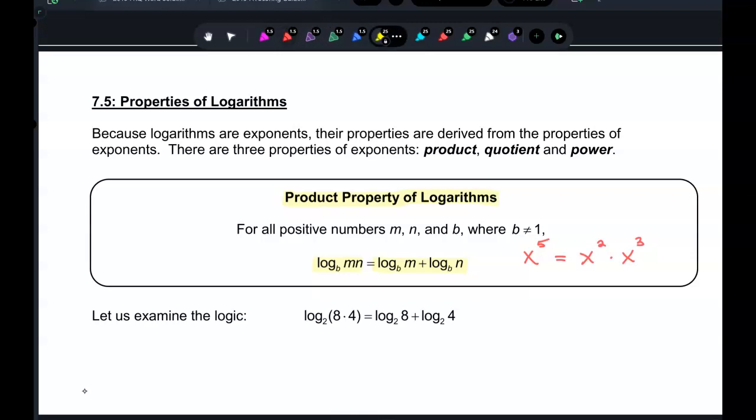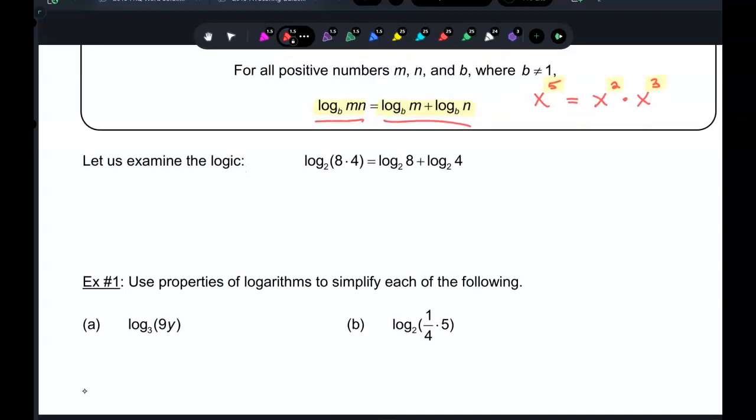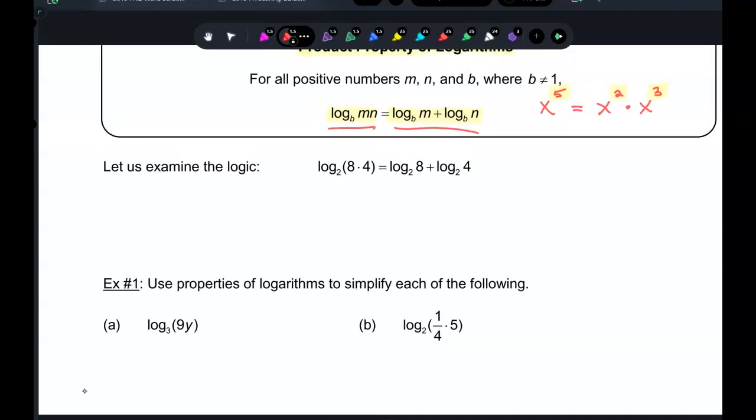Because with exponents, what do we do with the 2 and the 3? We add them. If you add two exponents, that is the same as multiplying.